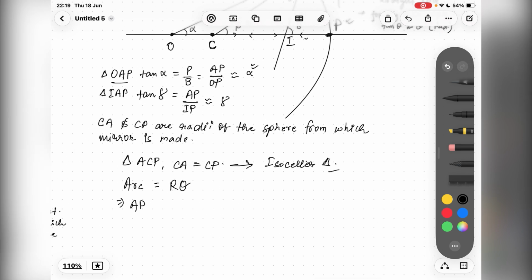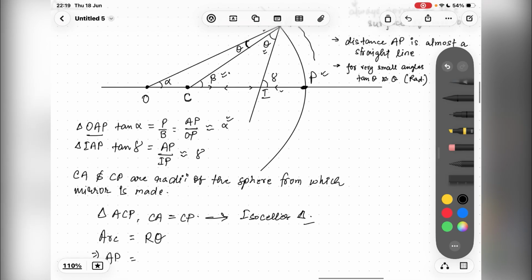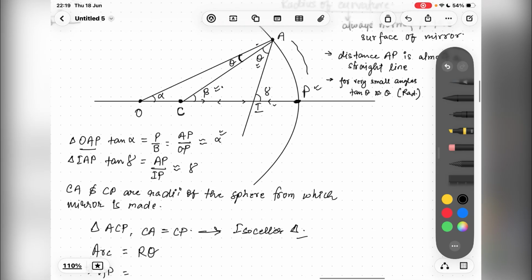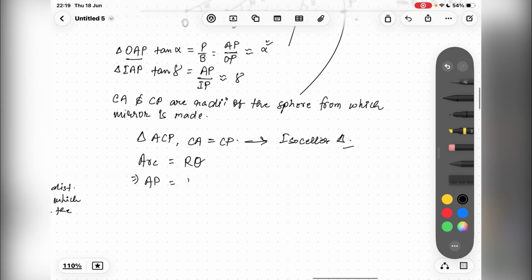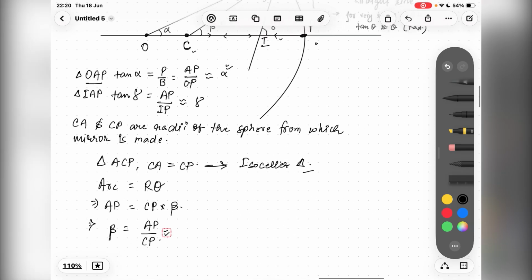This implies AP equals CP into beta. So we can say beta is equal to AP upon CP. That's why we did not approximate beta, because beta we can exactly calculate.